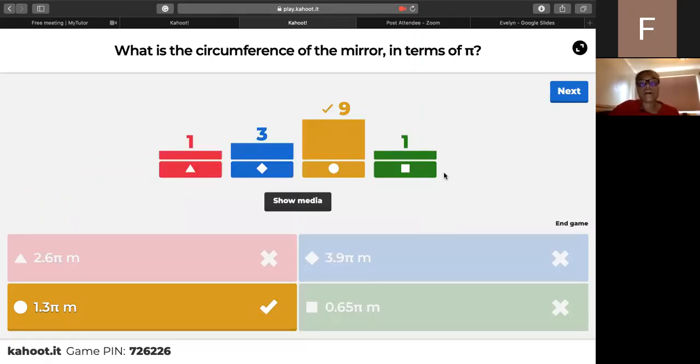Perfect. So remember two equations that you could have for the circumference of a circle: pi times d or 2 pi r. Here they gave us our diameter, so we just need to do our diameter multiplied by pi. So it'd be 1.3 pi. Perfect.